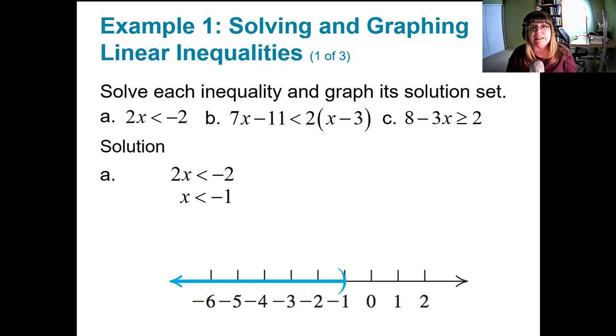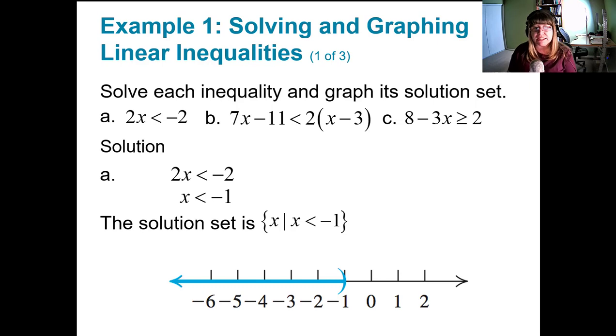A cool little hint is if your x is on the left, the arrow will point in the direction your line on the number line needs to go. As long as your x is on the left, the symbol will point to the direction in which your line needs to go.